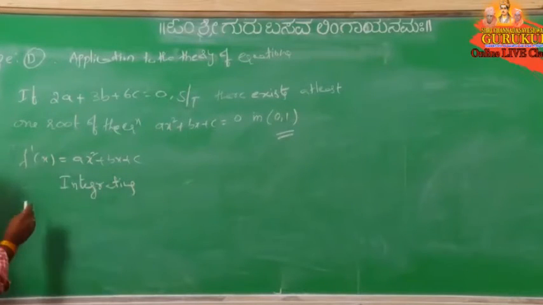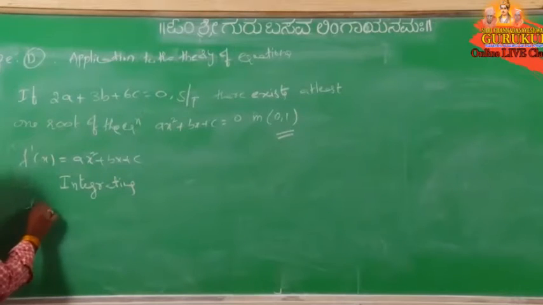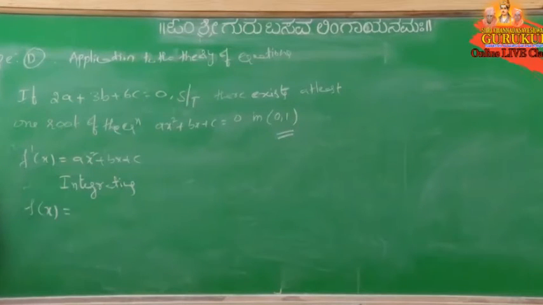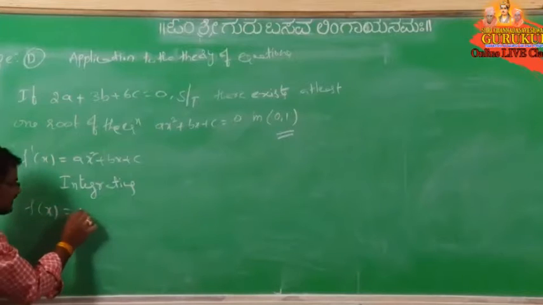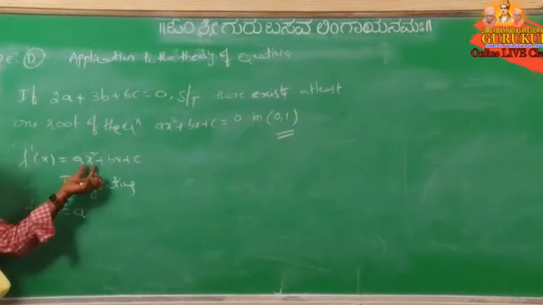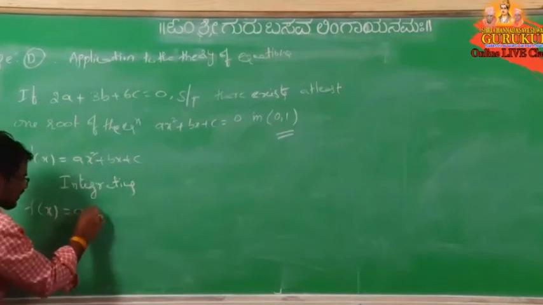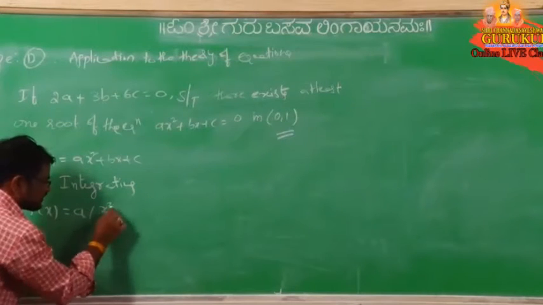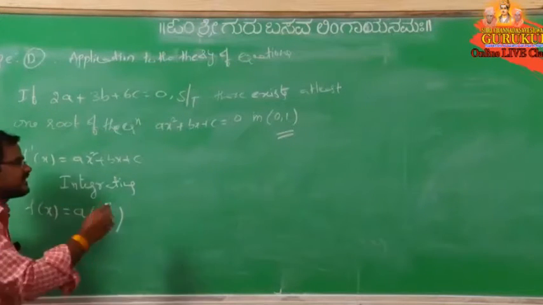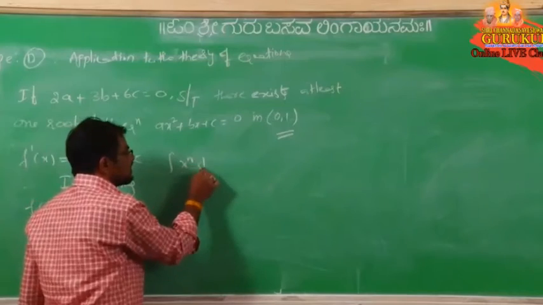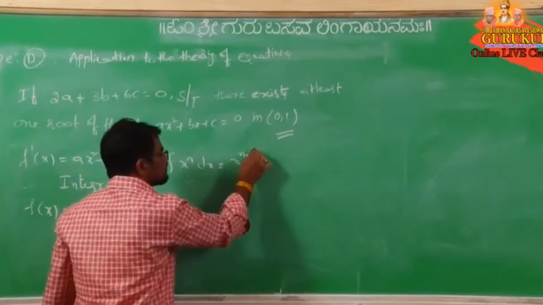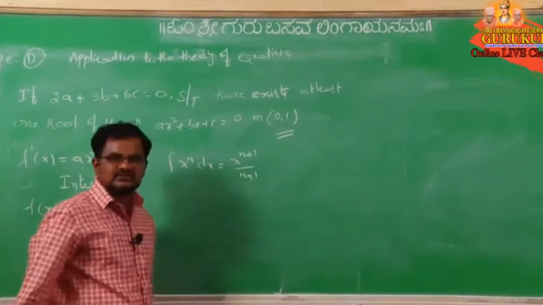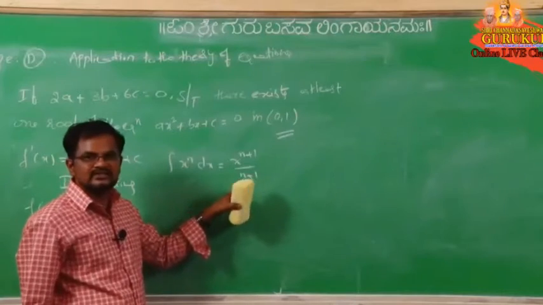If you do the integration for f dash x, what you will get? F of x. Simple integration, already you know that: a into integration of x square, x cube by 3. What is the integration of x to the power of n dx? X to the power of n plus 1 by n plus 1, here n not equal to minus 1.